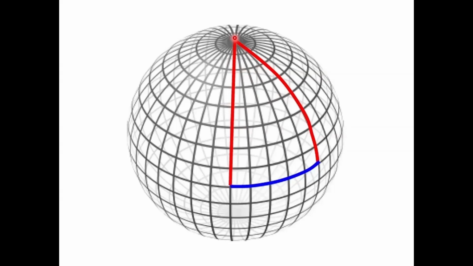Now, in flat geometry, if we have two straight lines, the two red lines that start parallel to each other, they will never get closer to each other, and accordingly, they will never meet at a point.